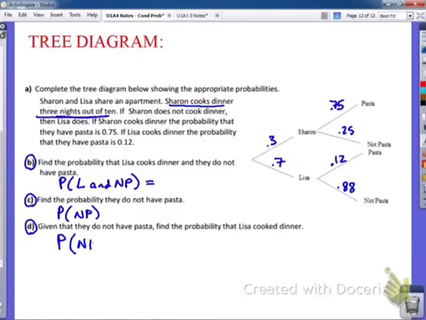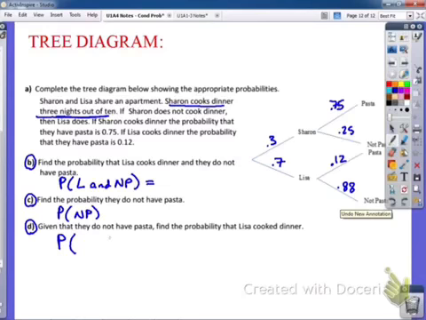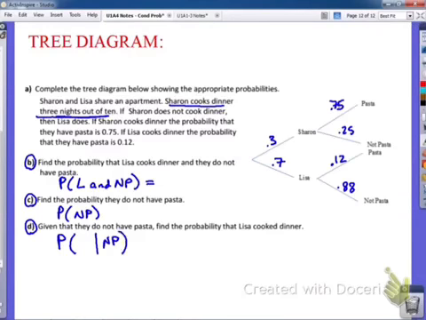Actually, let me rephrase that. Given that they do not have pasta, that's the given that, not pasta. Find the probability that Lisa cooked dinner. See how I set that up for you? Now, you're going to use B and C in order to answer letter D. Good luck.